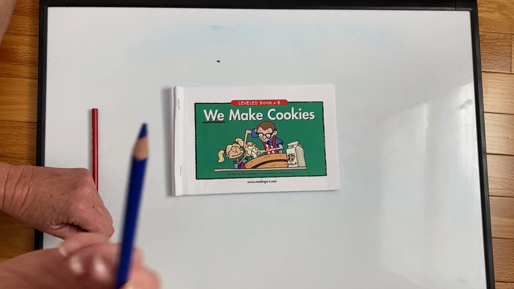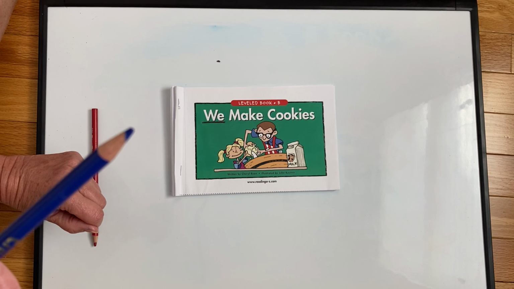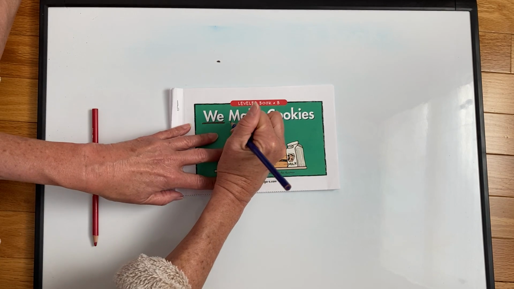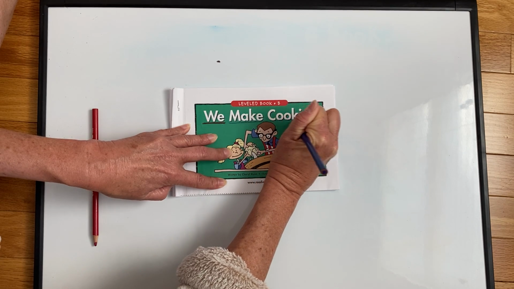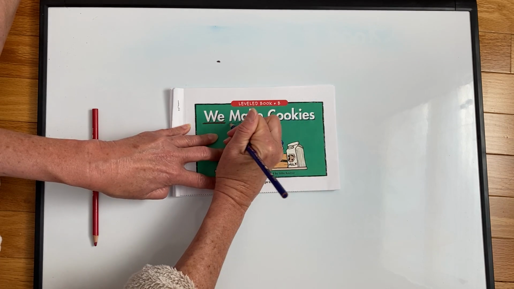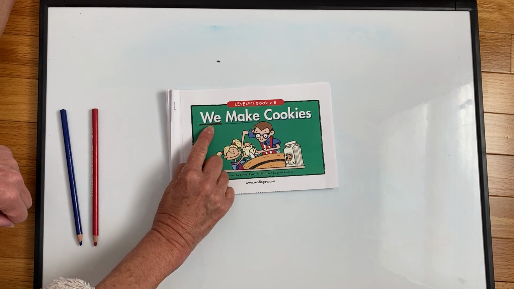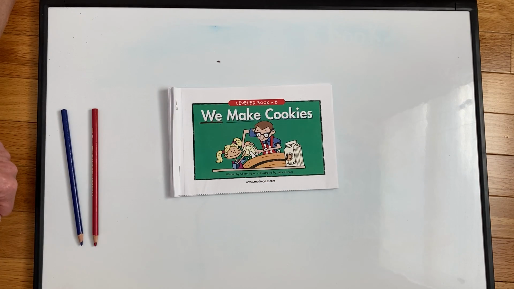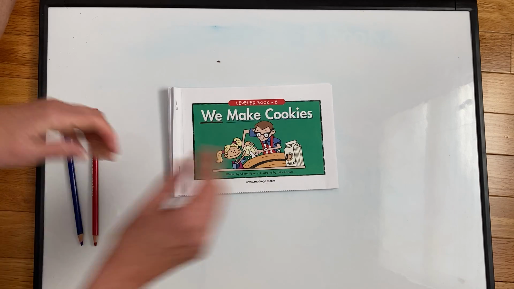So you're going to pick another color, which is going to be what you use when you underline the telling part of your sentence. So I'm going to underline make cookies in blue. So the naming part I underlined in red, and the telling part I underlined in blue. So we're going to do the same thing for each sentence in our story today.